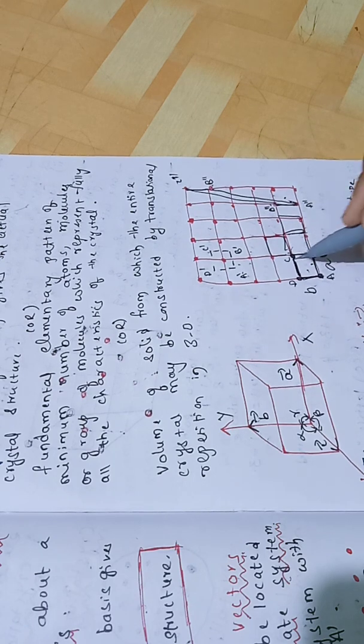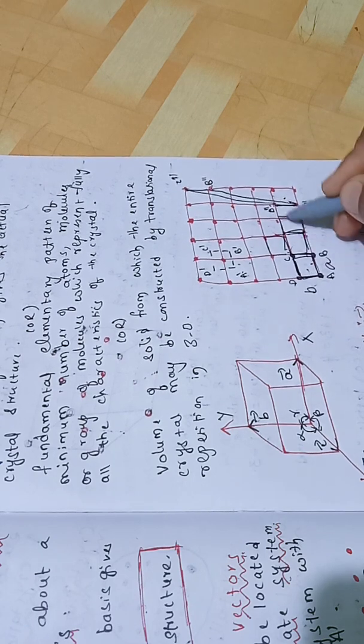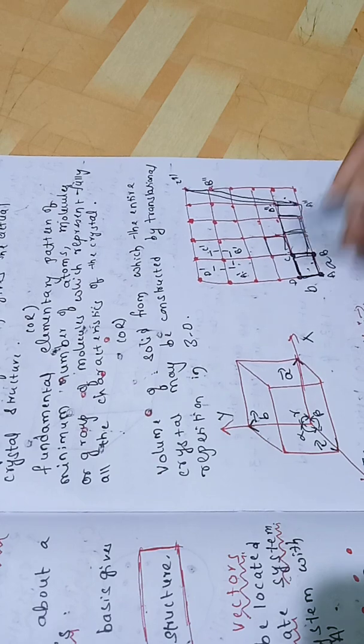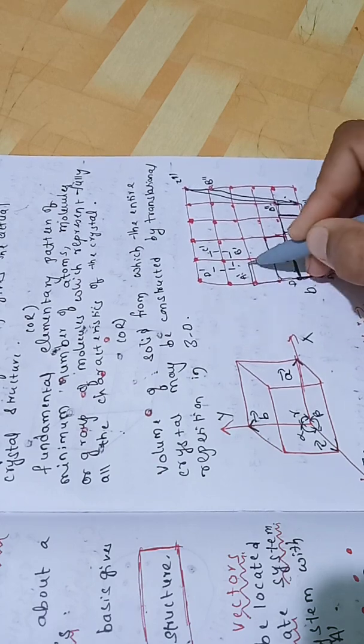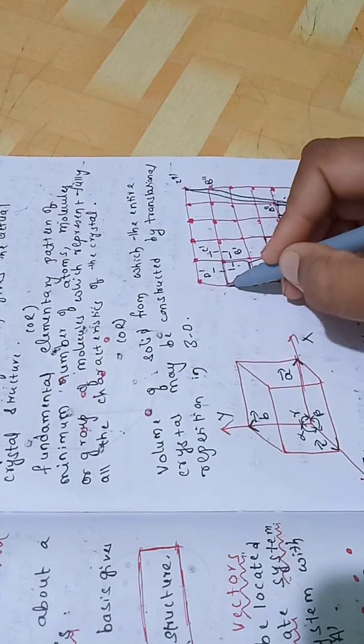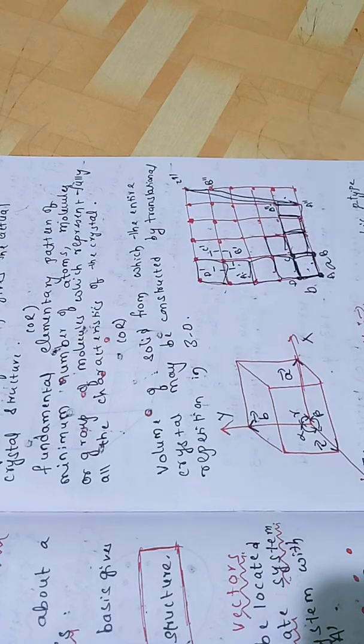Now see, this is translational repetition, taking the example of ABCD. The entire crystal is constructed by translatory repetition in such a way.